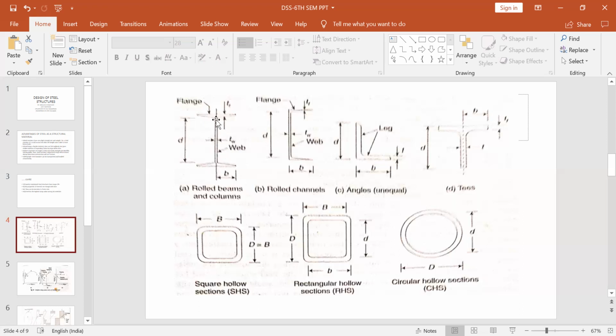That means the depth of the web will be 200 millimeter. If it is ISLB 250, it will be 250 mm. So refer to that steel table, go to ISLB 250, you can find all the properties. Then you can select the section, write all the properties and then you can do the design part.